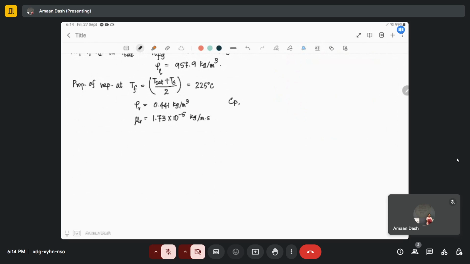Cp of the vapor is 1977 joule per kg degree Celsius, and k of vapor is 0.0357 watt per meter degree Celsius.